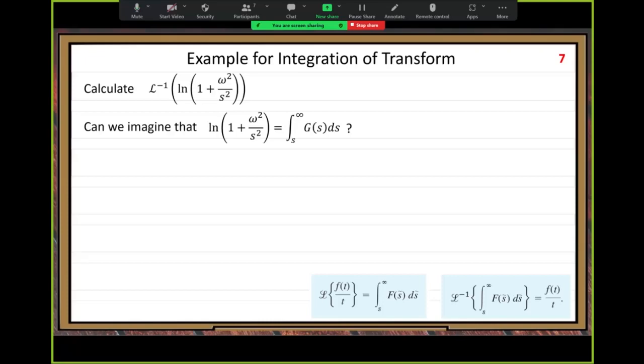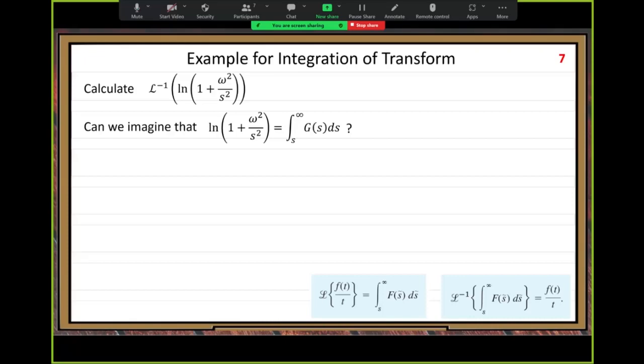Is it possible to find an integral for this unknown capital G function? We need to calculate it. We need to find that capital G, the unknown function such that after we take the integral like that, we get this function. If we can do that, we can apply this theorem, this formula.